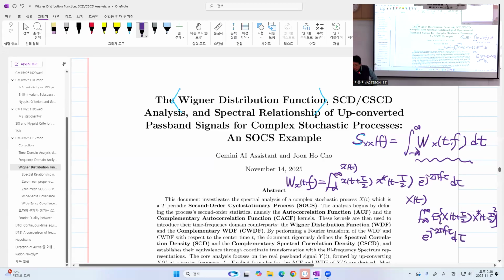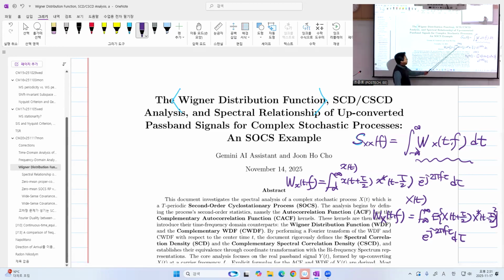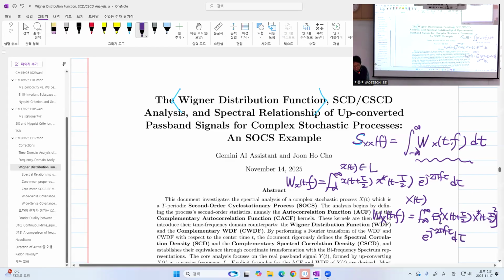And then this is defined as capitalized W x of t comma f. So it's different. Okay? You have the expectation. And this is assumed of finite energy. And this is a random process defined all over t. Got it?